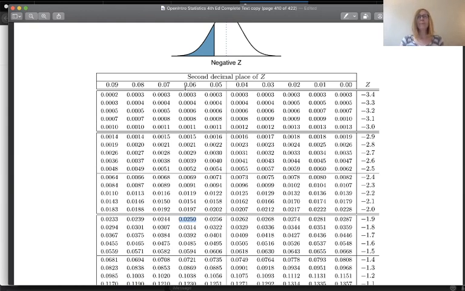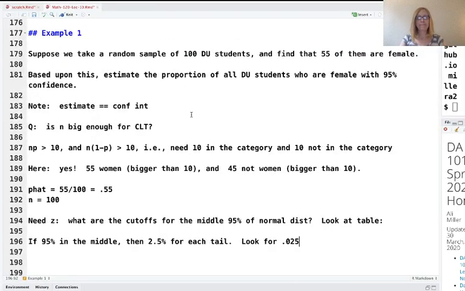We're going to use both of them. So we really think about it just in terms of the positive version. We're going to do both negative 1.96 and positive 1.96. So we say here, our critical z-score is 1.96.